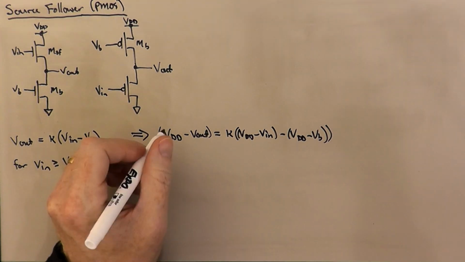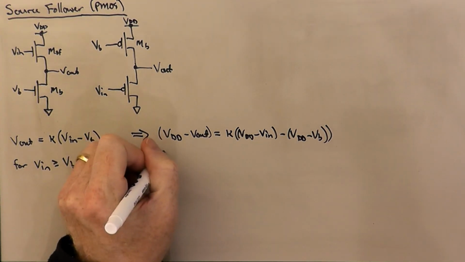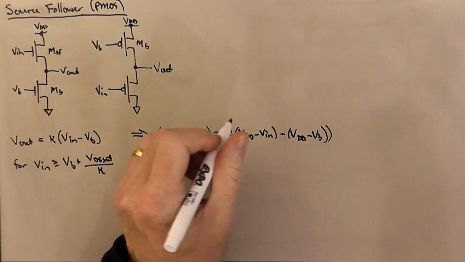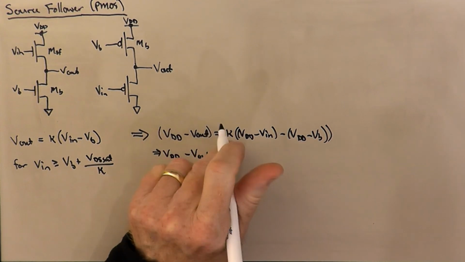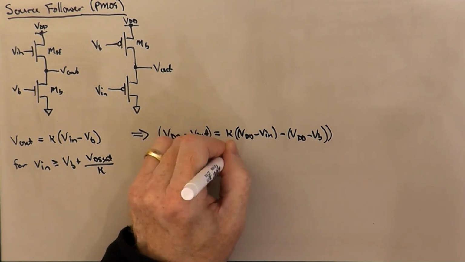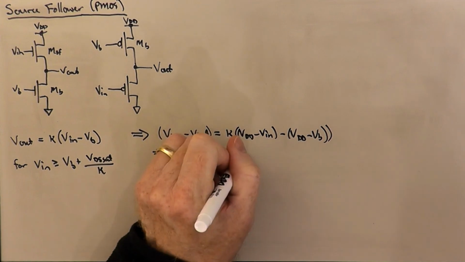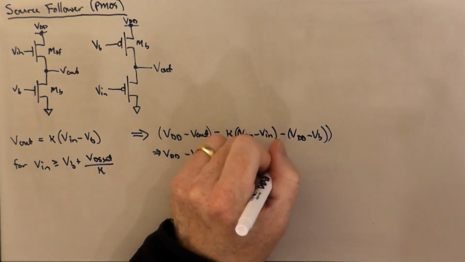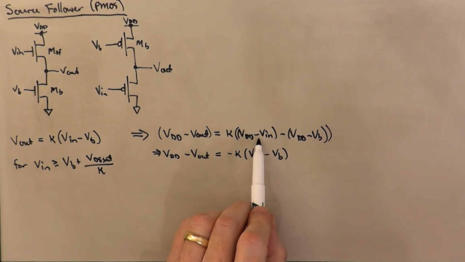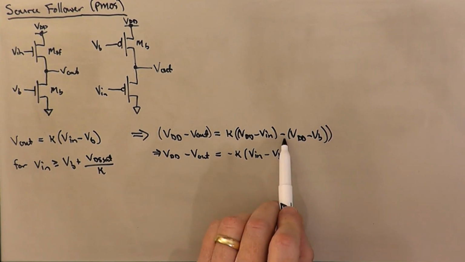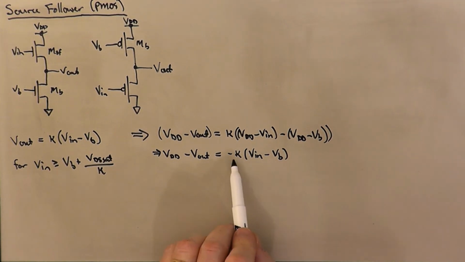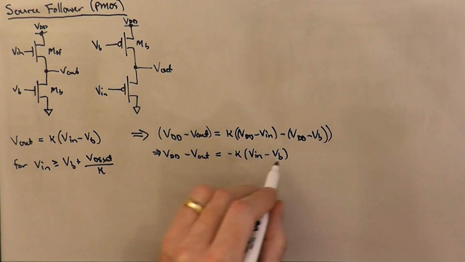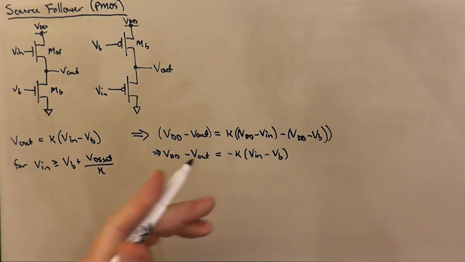And so we would have here VDD minus Vout is equal to minus kappa Vn minus Vb. So here I took the minus sign on Vn and the minus sign on Vb and factored that out. And what we're going to do is transpose the Vout and then transpose this to the other side and then flip it around.